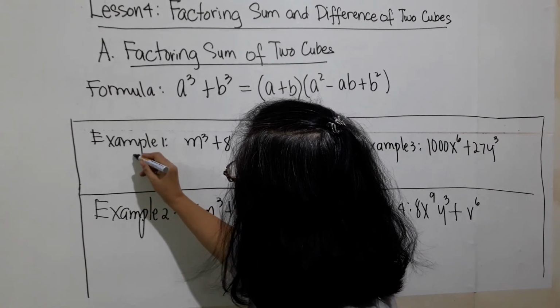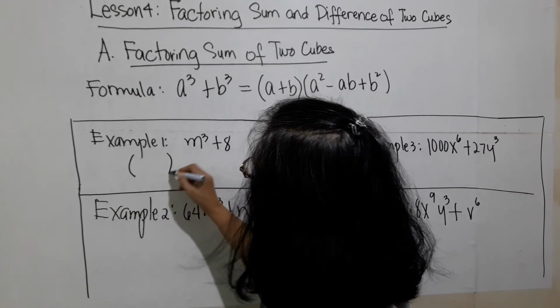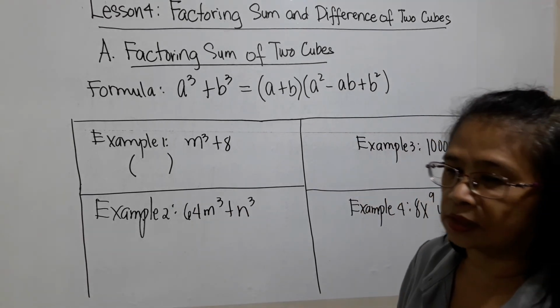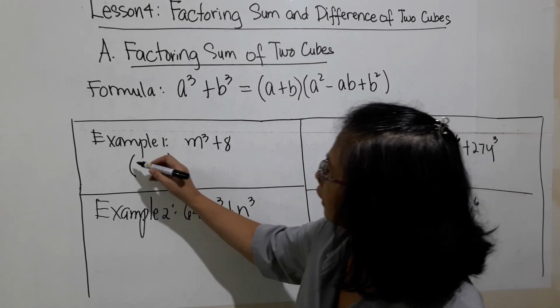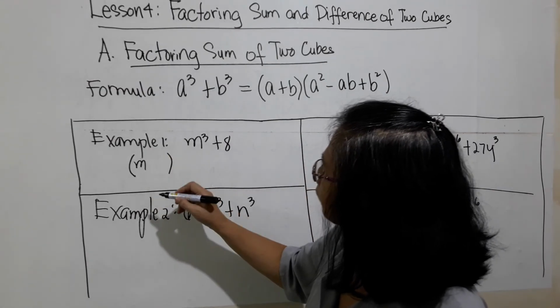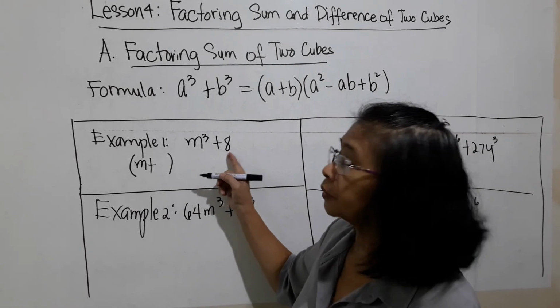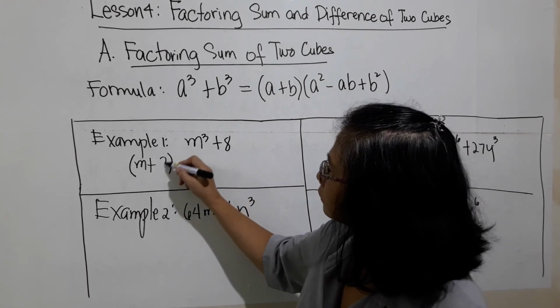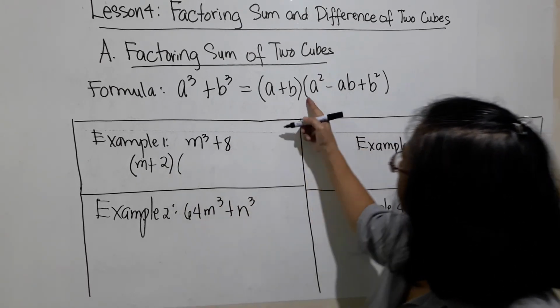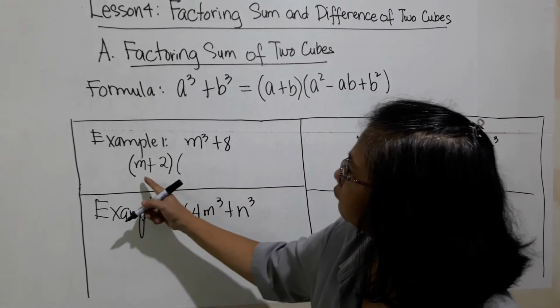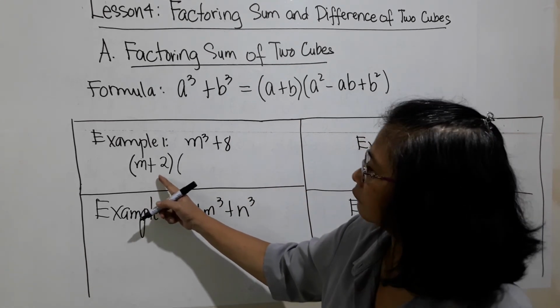Let's have the cube root of m cubed. What is the cube root? It is m plus, following the formula, the cube root of 8 is 2. To get the second factor, we refer to the first factor that we have.